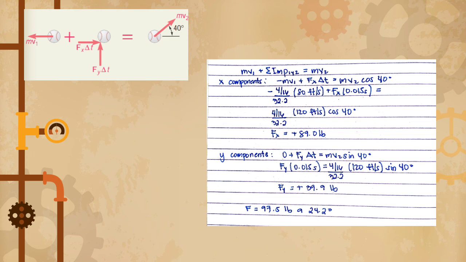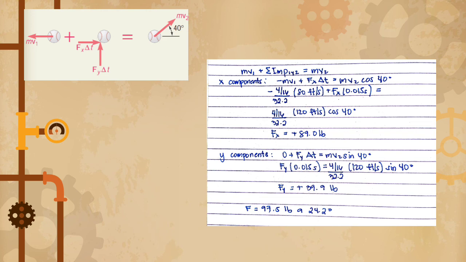For the y components, the equation used is 0 plus F sub y times delta t is equal to m times v2 times sine 40 degrees. Substitute all the values needed, simplify, and we got a value of F sub y equal to positive 39.9 pound.